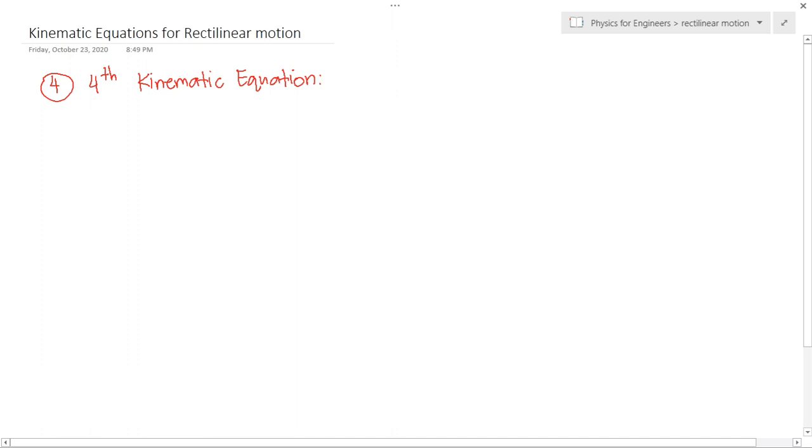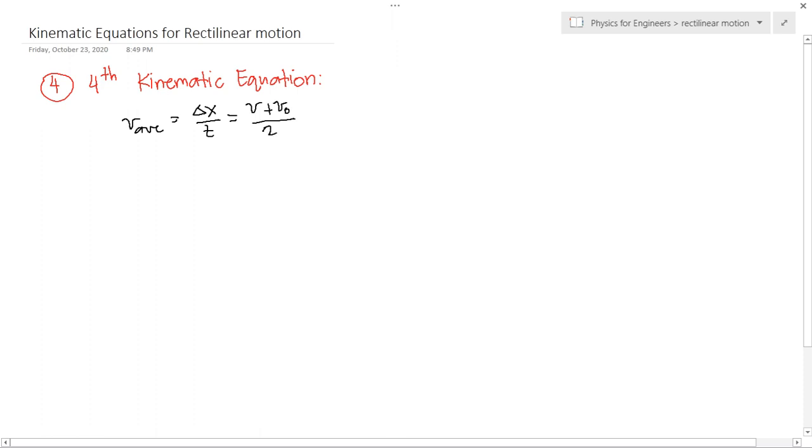So it's just the same as the average velocity. So we have v average is equal to the total displacement over total time, which equals the final plus initial all over 2.